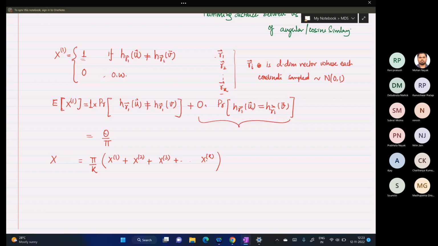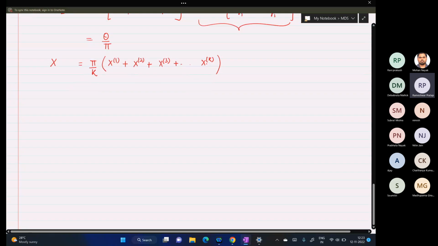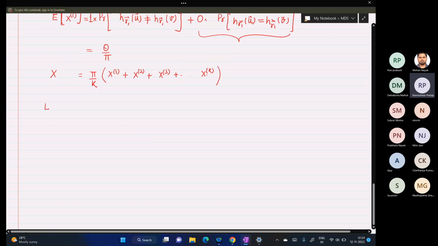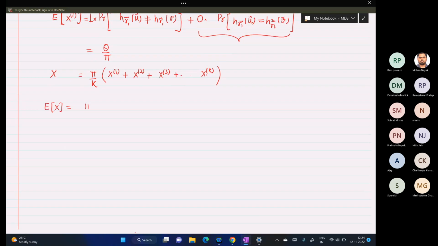Now what is the expected value of x? It's pi by k into the summation i from 1 to k of expected value of xi.